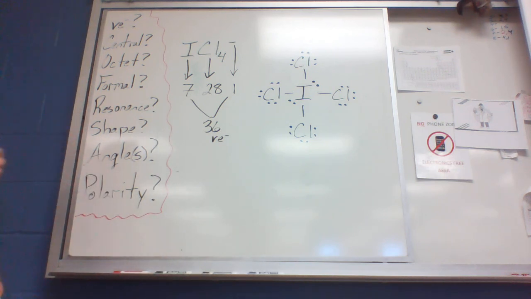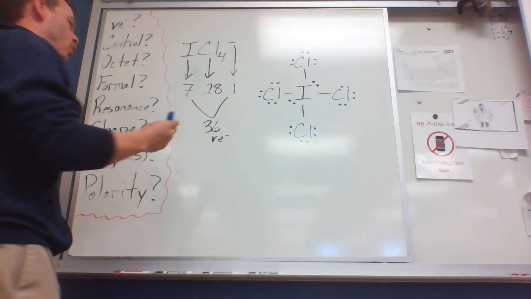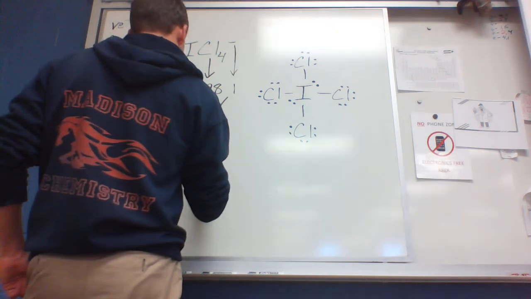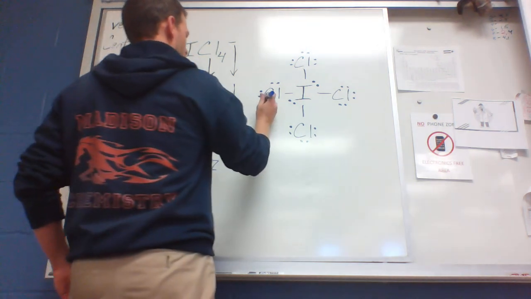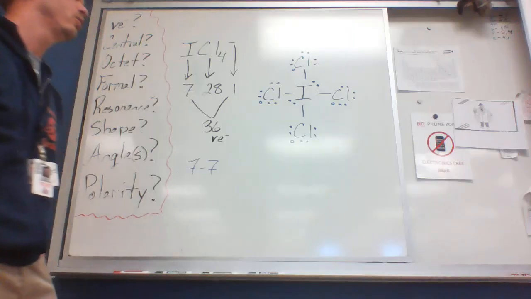I'm going to check my formal charges. All of the chlorines are identical to each other. So for chlorine, it's going to be 7 minus 7. All of them are sitting here at 0. So that's good news.